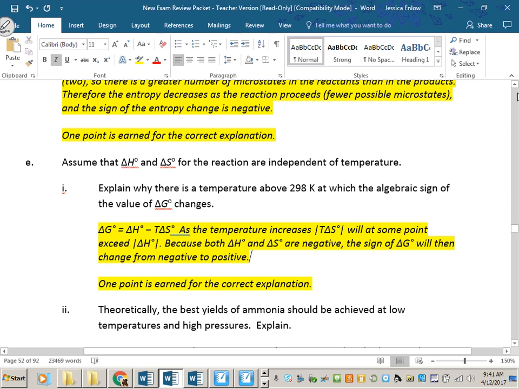Increase hydrogen gas, or increase nitrogen gas, or remove ammonia, or increase pressure. If I increase pressure, that's what I was looking for. According to Le Chatelier's, which side should be favored?